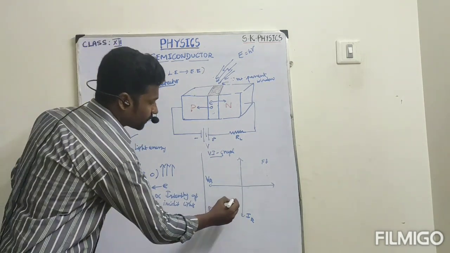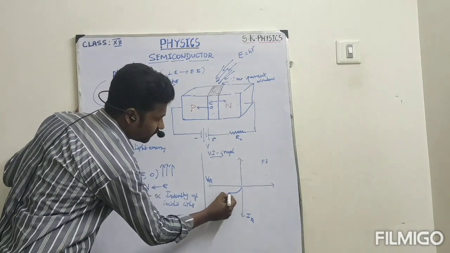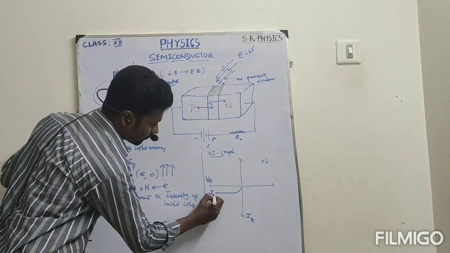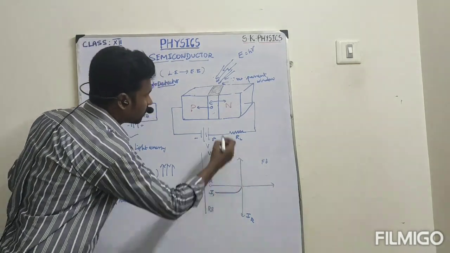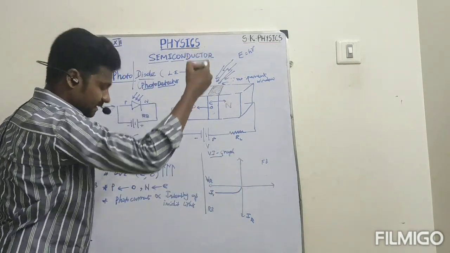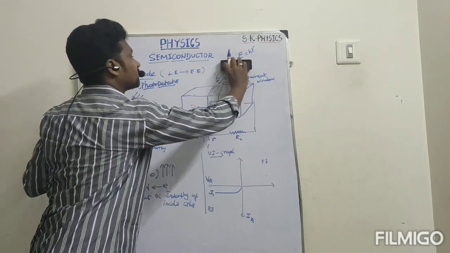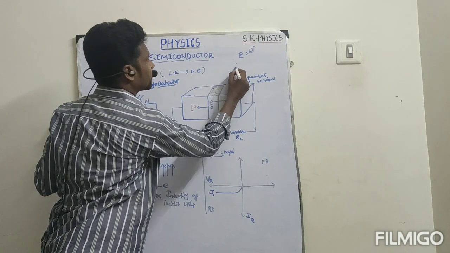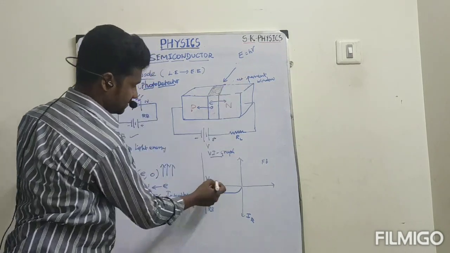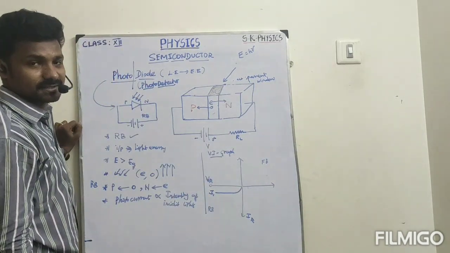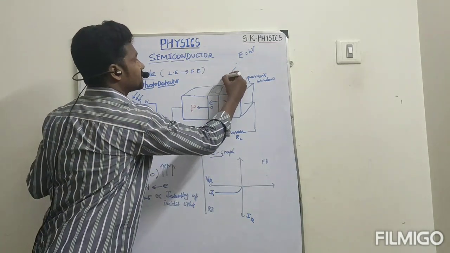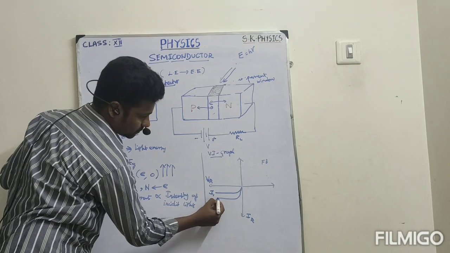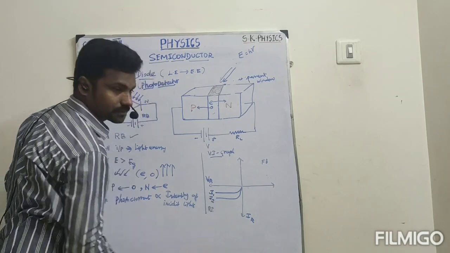So for low intensity we get a graph like this, named I1. Again, if I increase the intensity a little, say for understanding purposes, it is like I2.